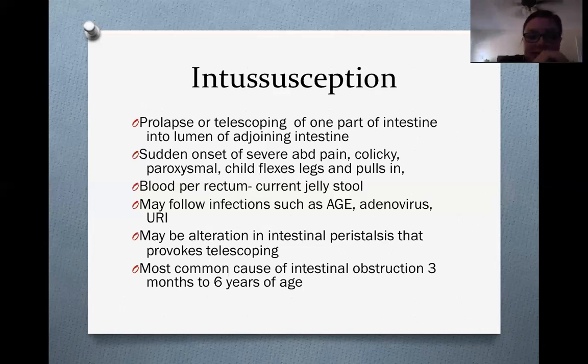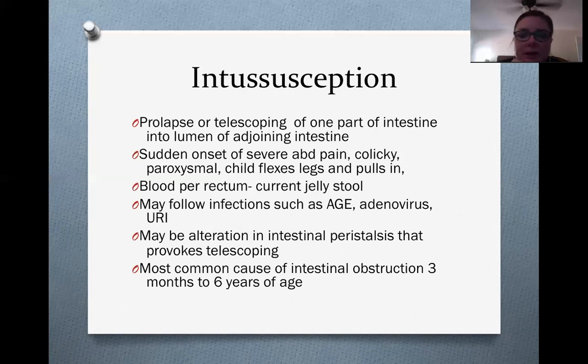But what you'll see with this is a sudden onset of this severe pain, and it's paroxysmal. So they'll have periods where they're calm and relaxed and normal, and then they will pull their legs in and scream and cry and have colicky abdominal pain.